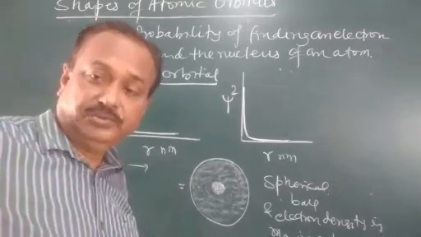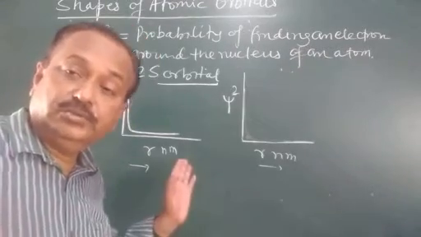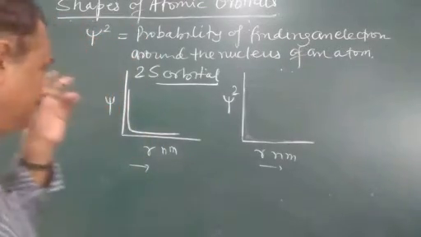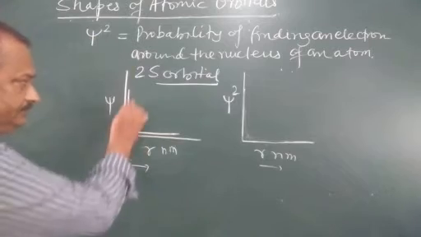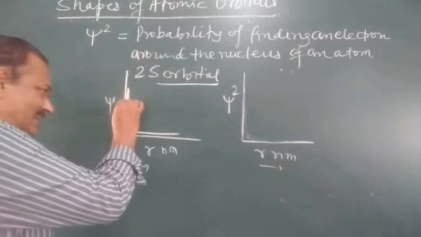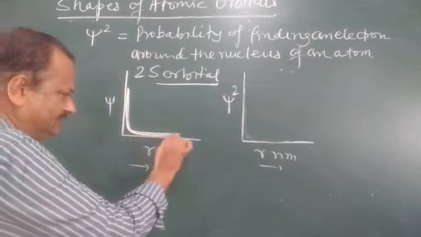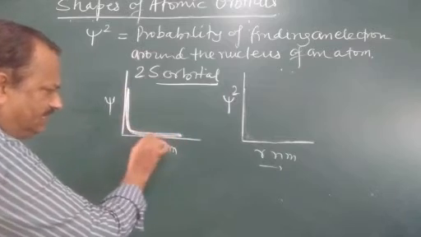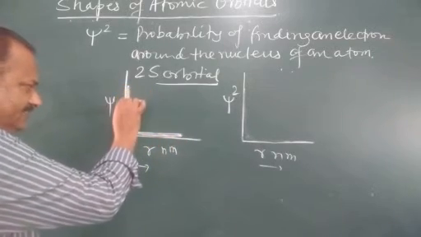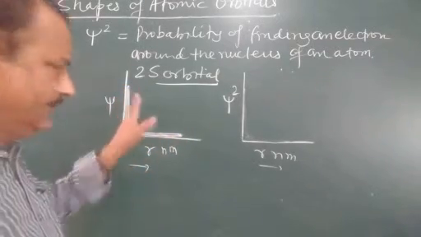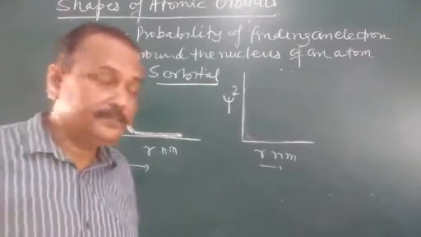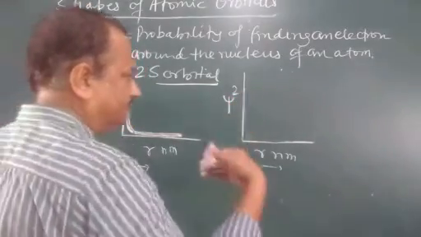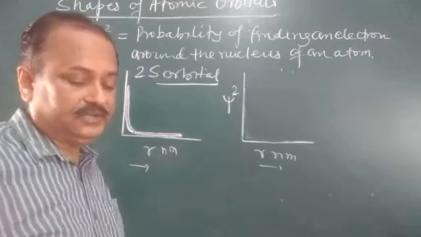Now coming to the 2s representation. In 2s, it is the same, but here there is slightly more attachment. It differs from the 1s in that it is more in density. But what about squaring the value?